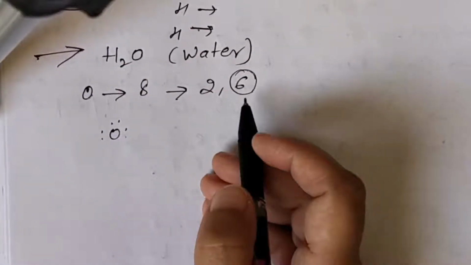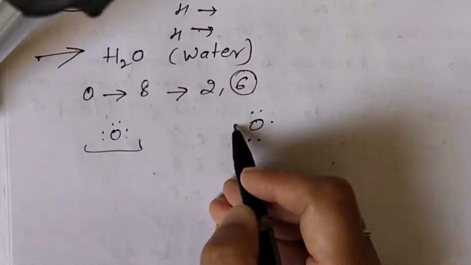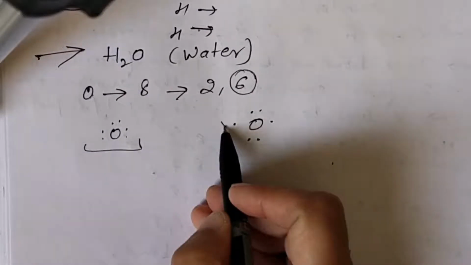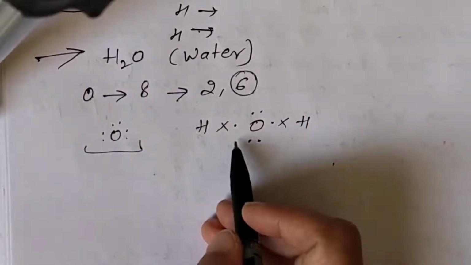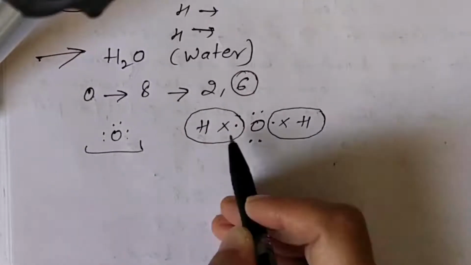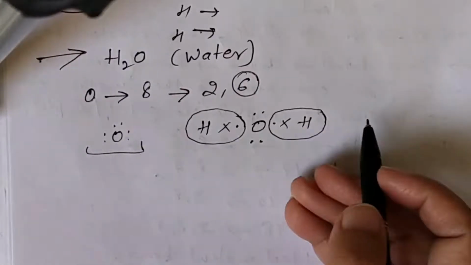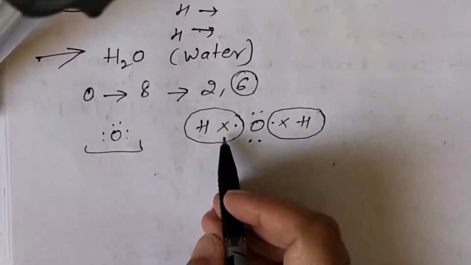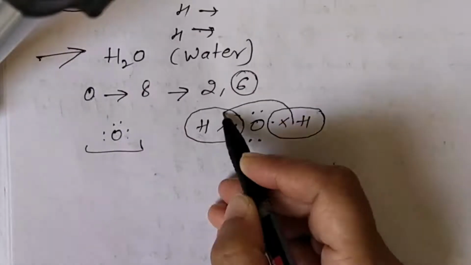See here, if we write the electrons on oxygen symbol in this way and 1 electron of hydrogen in this way, we can easily show here that hydrogen has completed the two electrons in the K shell. It is the inert shell configuration of helium. So hydrogen has completed its duplet and oxygen has completed its octet.